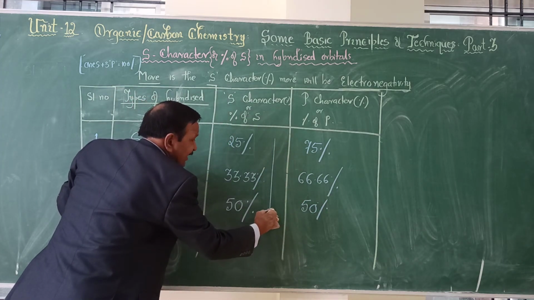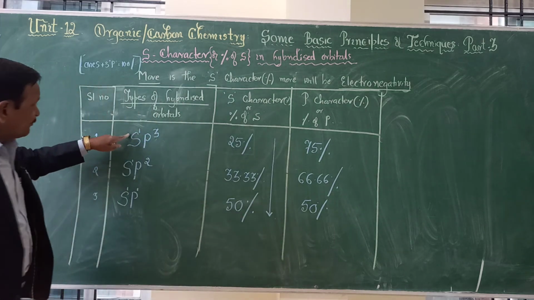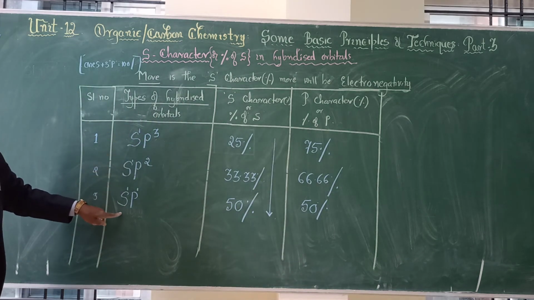And hence electronegativity increases from sp3, sp2, to sp.